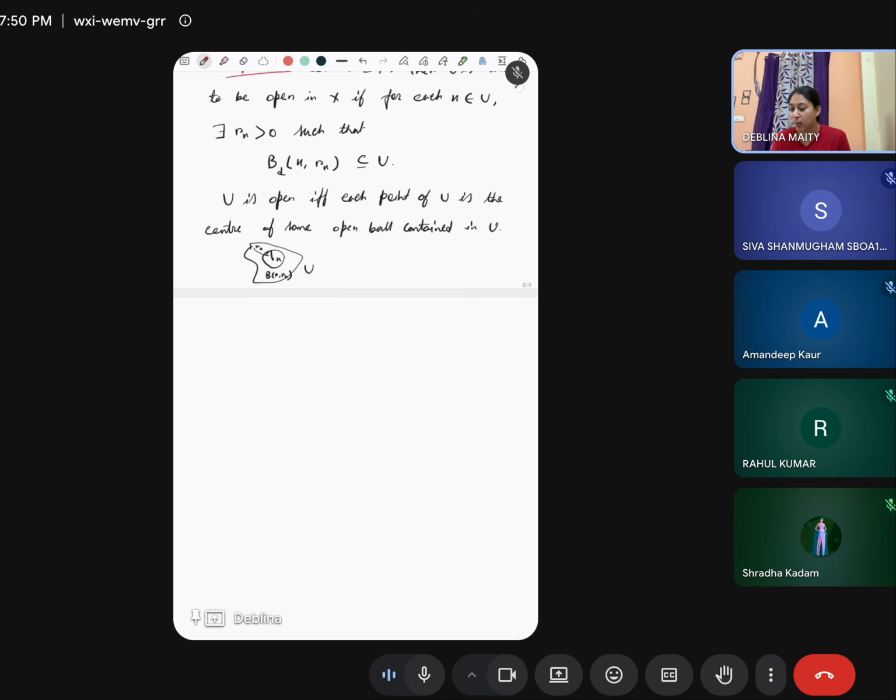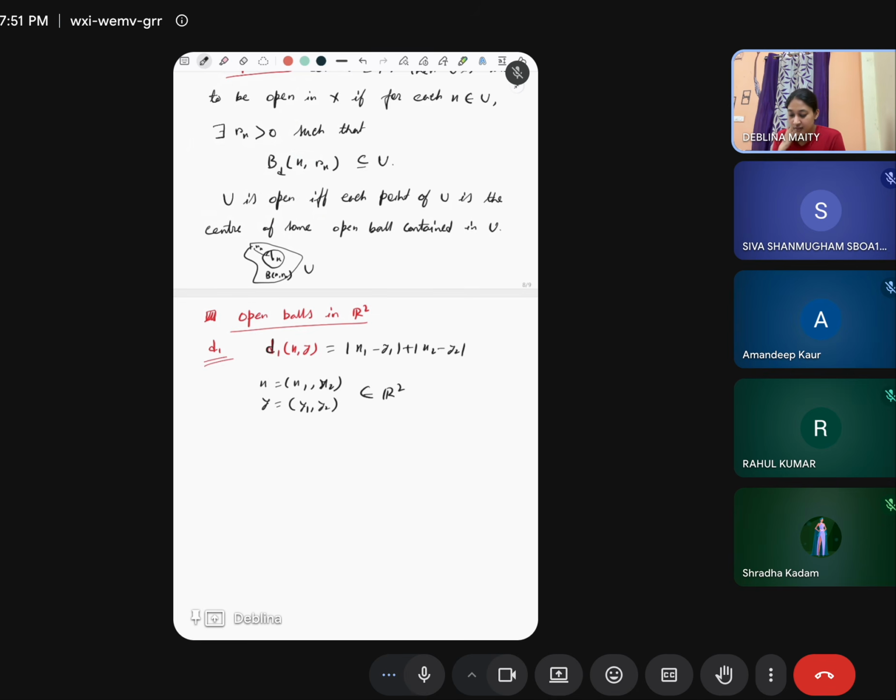Now we'll look at the open balls in R2 with respect to different metrics. The first metric is, suppose we are taking d1, where x is (x1, x2) and y is (y1, y2), and they belong to R2.